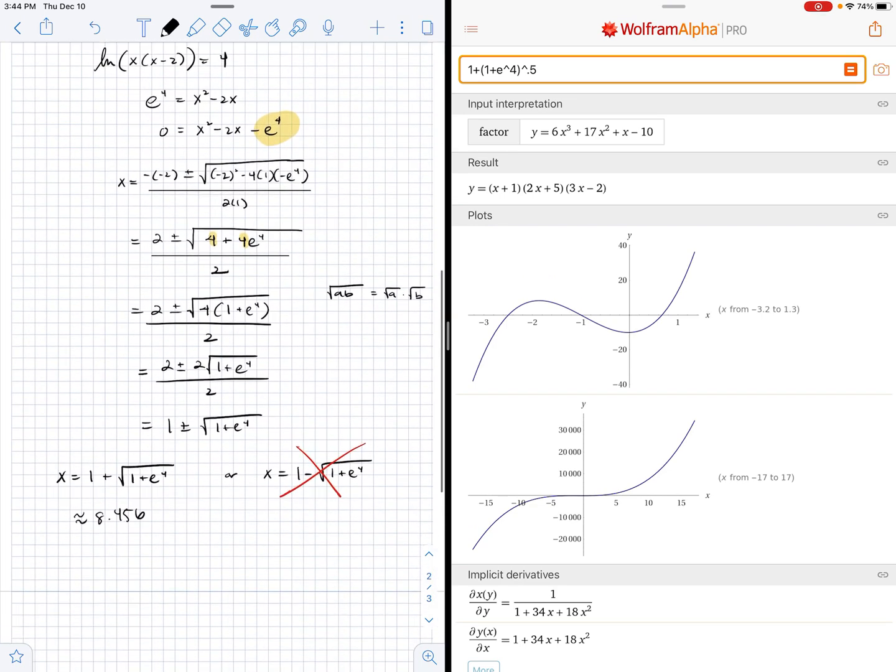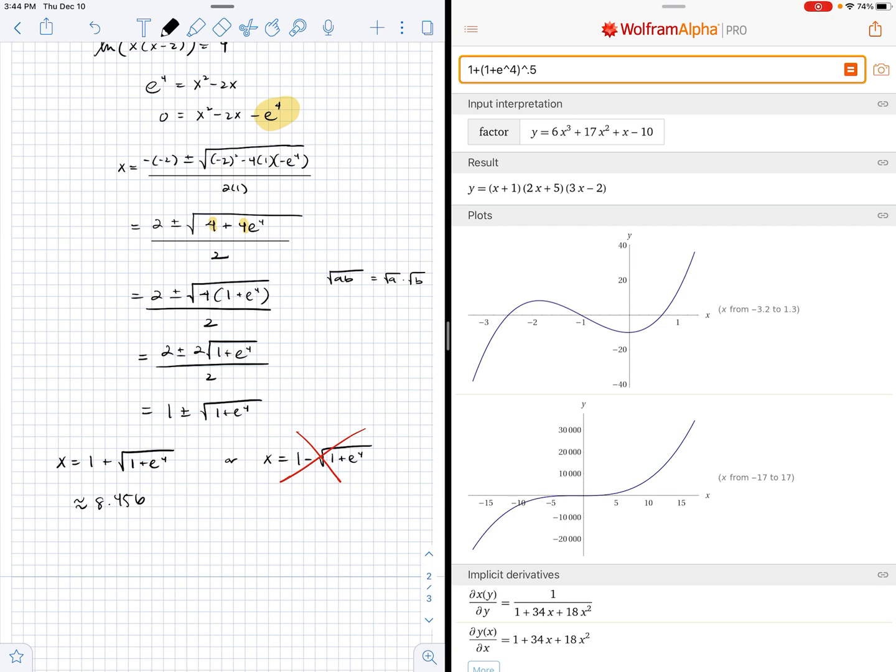Okay, so if I plug that into the original equation, it would work. I'm going to ask you on your test to represent your answer as the exact value. So this would be the exact value, and then this would be the decimal approximation, rounded to 3 decimal places.